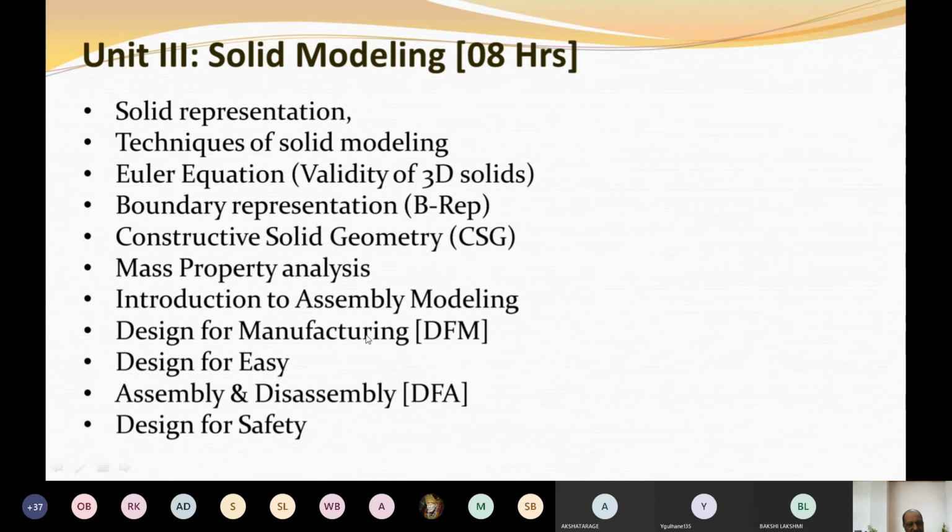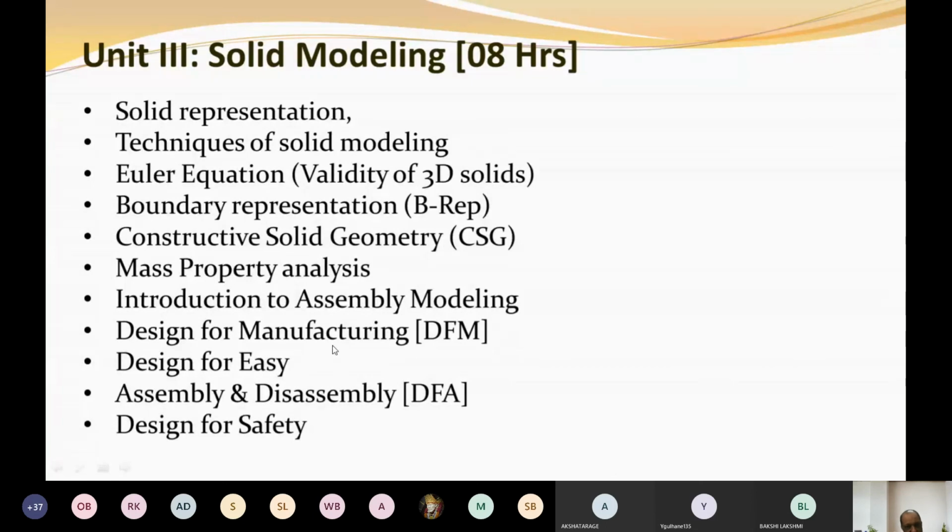Design for manufacturing. When we are developing a particular product, we also have to see that this product can be manufactured. Say you are designing a part which consists of a cube, and inside that cube we have a spherical hole.